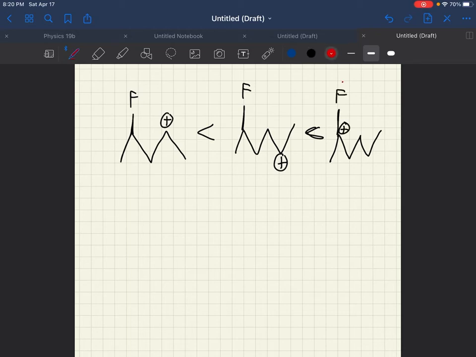So this would be your most stable, this would be your second most, and this would be your least. And this is your least because of that inductive property that happens with the fluorine. And right here, the fluorine can actually, once again, perform resonance, and this charge could move up here.